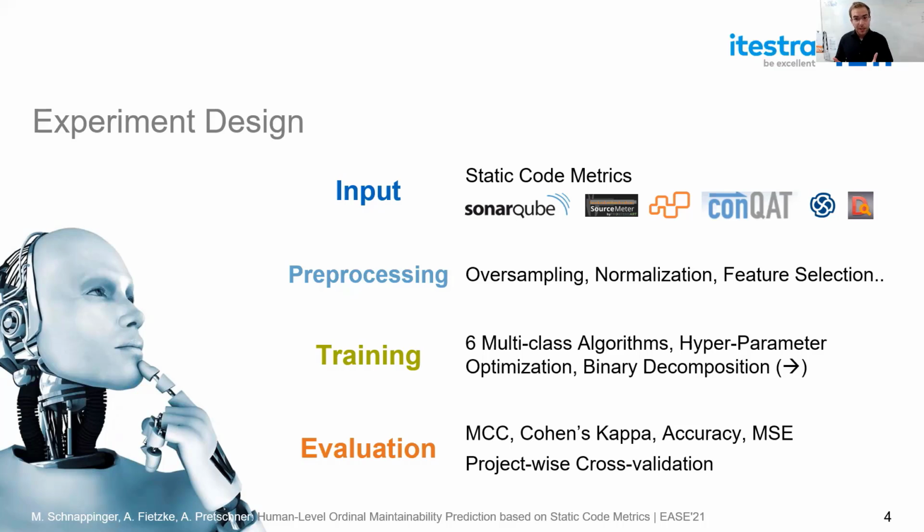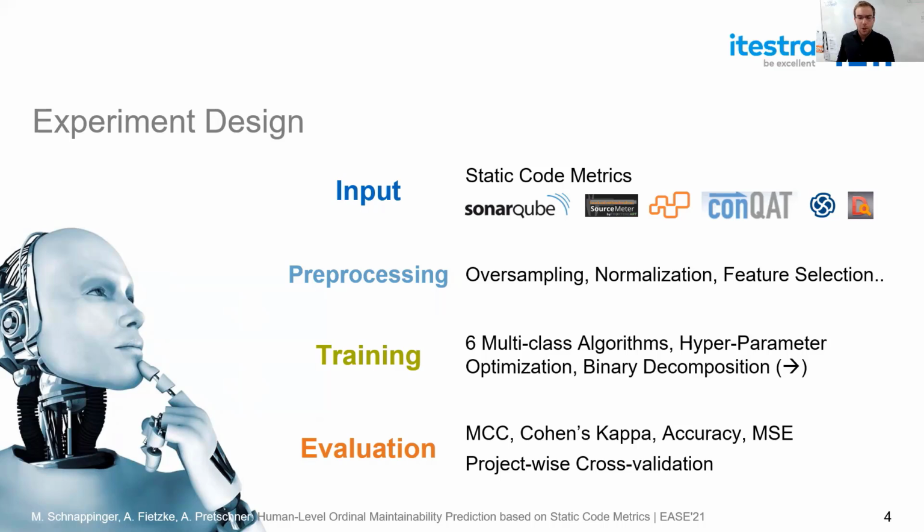Now for the machine learning classifiers, we did a pre-study to identify the most promising ones, because it's just not feasible to implement and run all possible algorithms. We found the 6 most promising algorithms to be random forest, k-neighbors classifier, logistic regression, extremely randomized trees, gradient boosting, and AdaBoost.